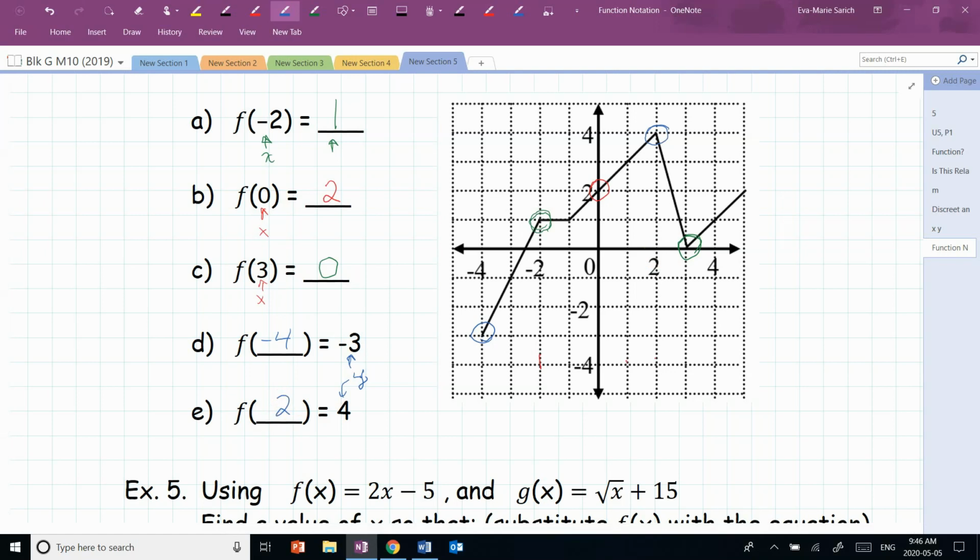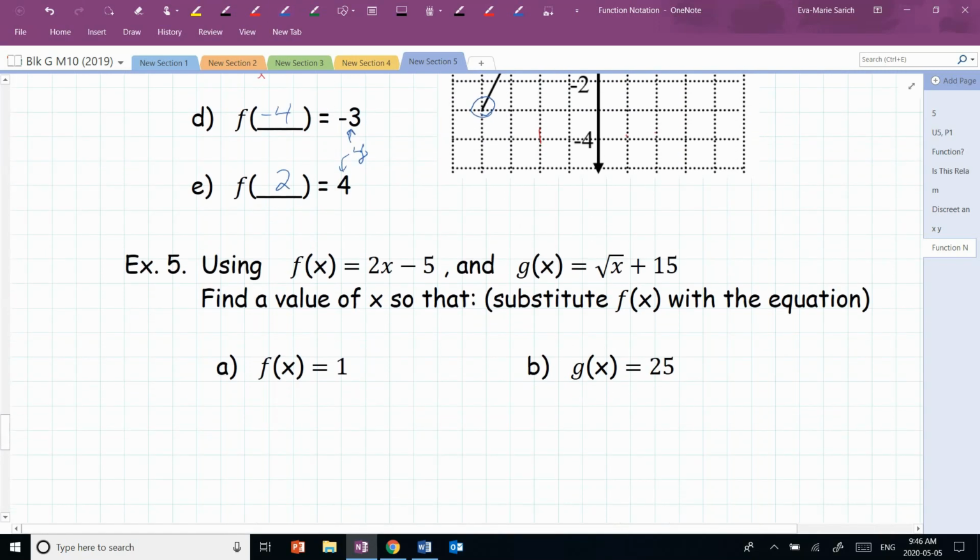Okay, moving on, in example 5, we're going to be using again a couple of different functions, and we want to find the value of x. Now this is a little bit more difficult because you have to rearrange the equation to solve for the unknown x. Okay, so simply thinking about this, we're told that our f of x is equal to 1 in this case.